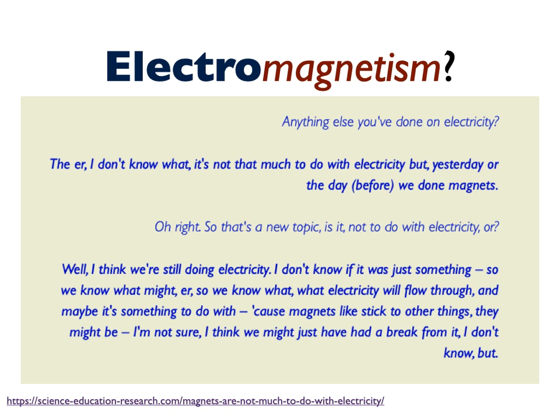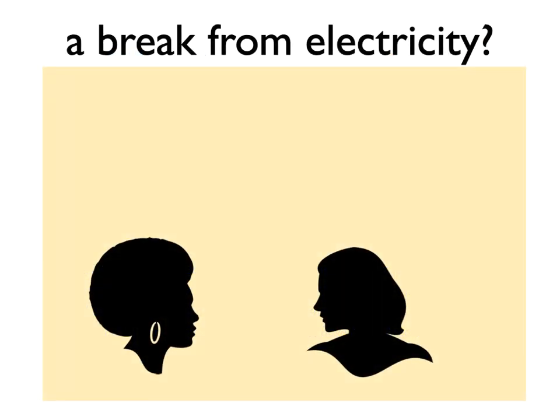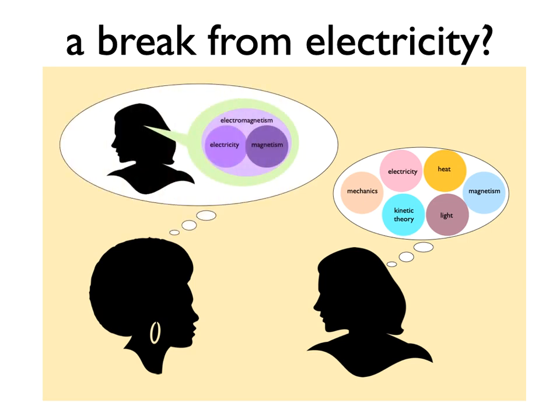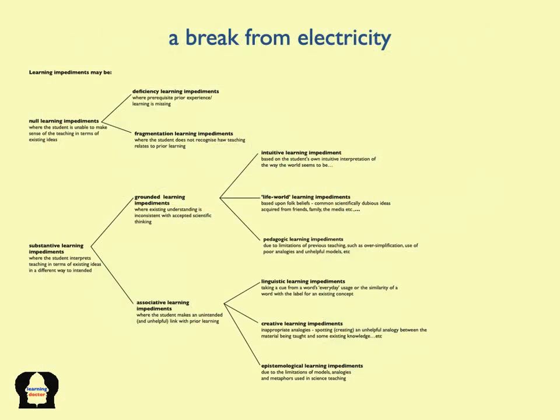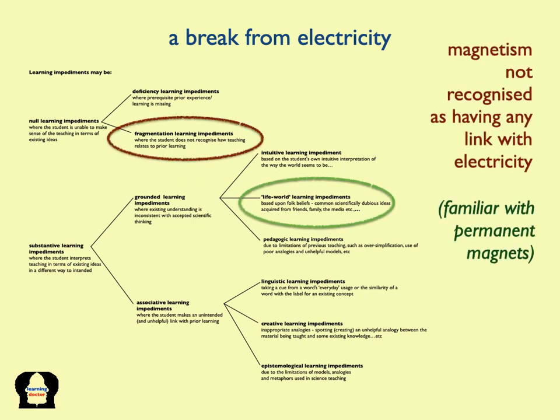She didn't seem to find a sensible option, and her best guess was simply that the teacher had given them a break from the topic. I suspect that the teacher would have seen things quite differently. But for the learner, magnets were solid objects that stick to things and had little to do with electricity.